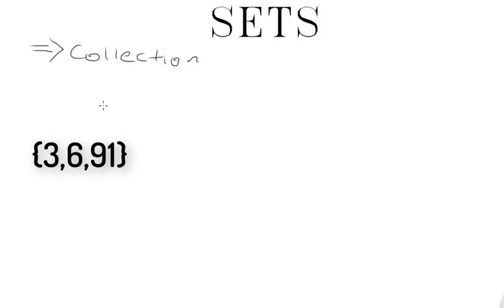I bet you've noticed something else. Apart from the comma, we also have these things that look curly and look funny. These are what are known as braces or brackets. So when you hear the term brackets, braces or curly brackets, you should remember that we learned this word in sets.